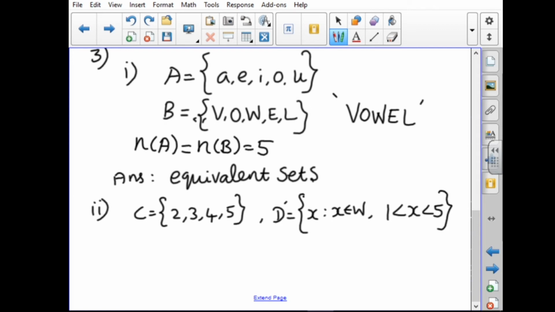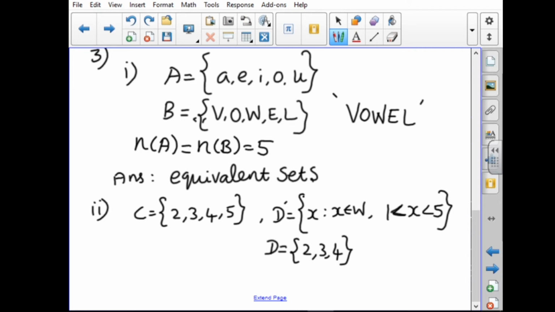That means 1 and 5 are not included; only the numbers in between. So D is equal to 2, 3, 4. There is no equal sign here, only less than.